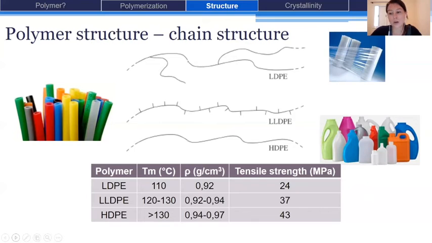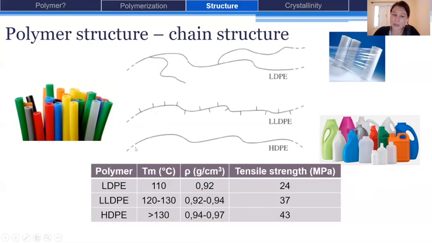Then we have the linear low density polyethylene. You can see that even if the name says that it is linear, we have very short side chains. But we call it linear low density polyethylene.